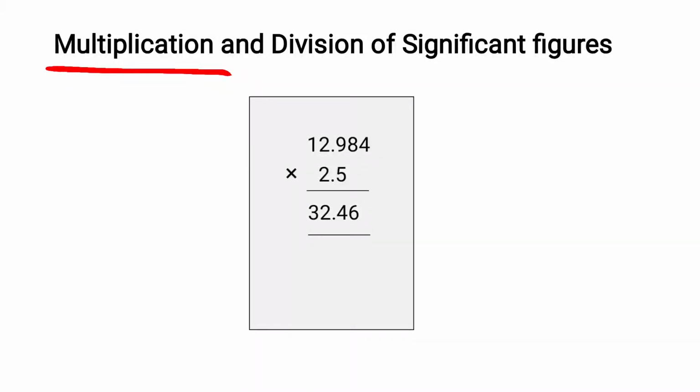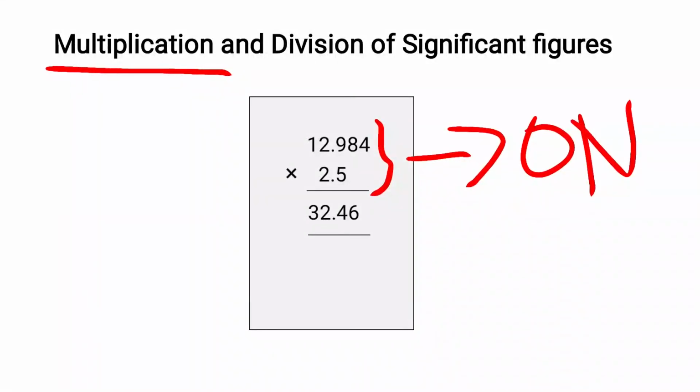For multiplication and division, the numbers which are given here are 12.984 multiplied by 2.5. We are speaking about multiplication. So when we multiply these two numbers, we get the result as 32.46. Once again let us take 12.984 and 2.5, these two numbers as original numbers.